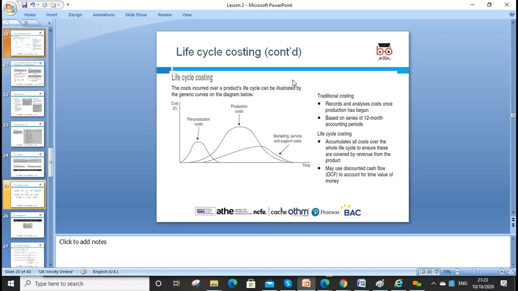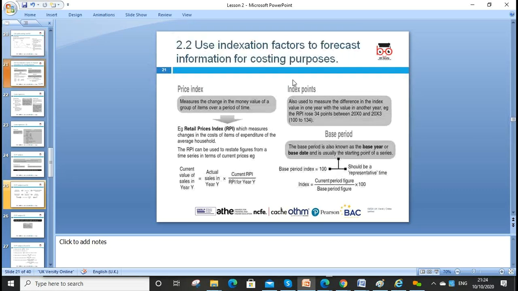Think about the time value of money: the 10 pounds you have today and the 10 pounds you will get in future. 10 pounds today is worth more than 10 pounds you will get in future. So we always need to look at this. If you're giving somebody 10 pounds, that can be huge, because we need to think about how we invest in the real business and how we can maximize return.